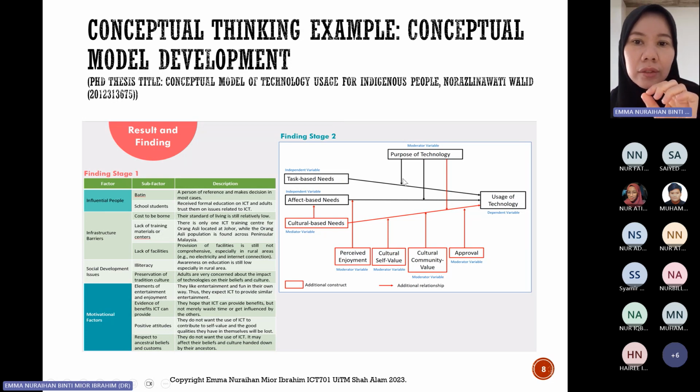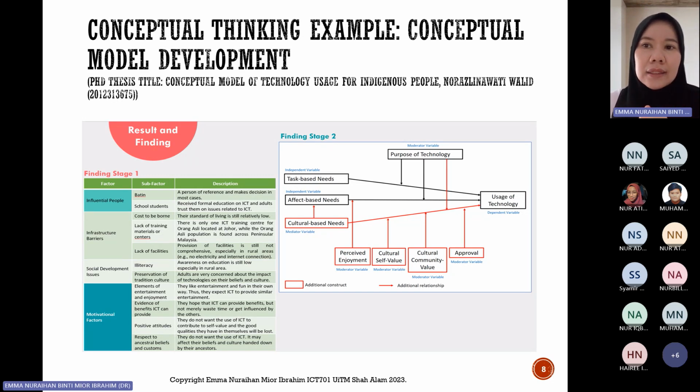So dia tengok sini ya, setiap variable ni dia ada moderating variable, dia ada independent, mediator. So this one you kena baca banyak sikit lah ya. So faktor, task based, effect based, cultural based. So yang merah ni adalah additional construct as compared to yang hitam ni adalah daripada existing model.